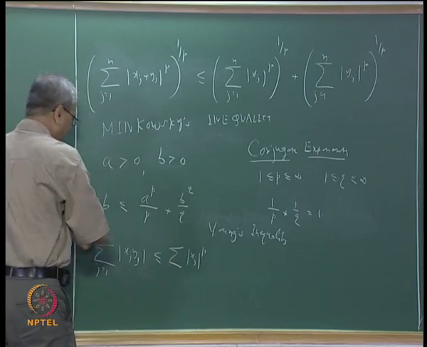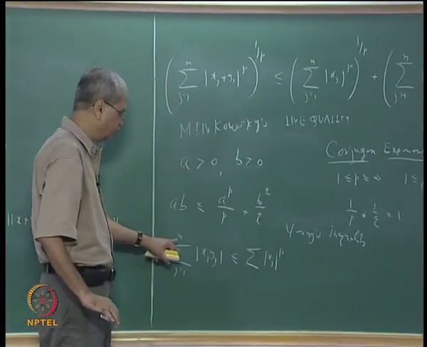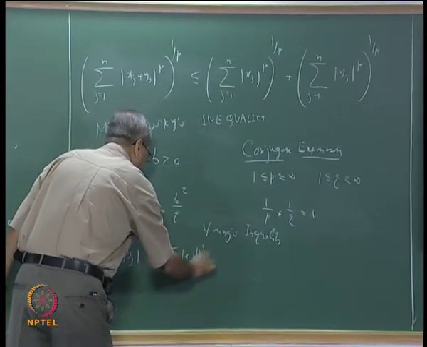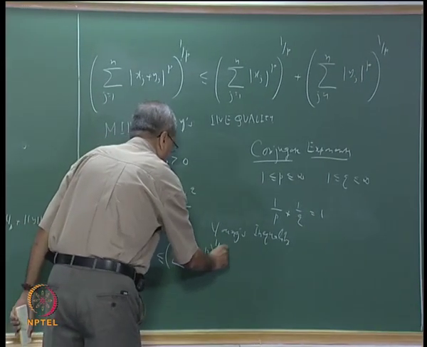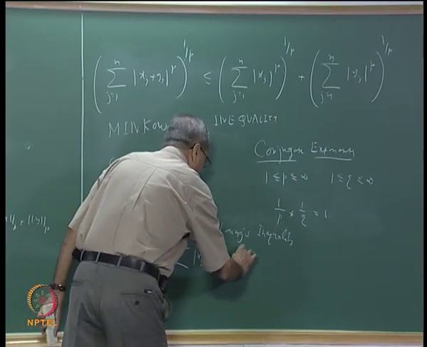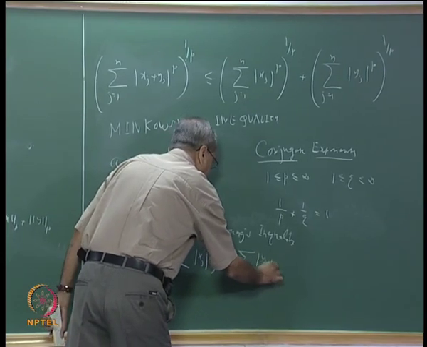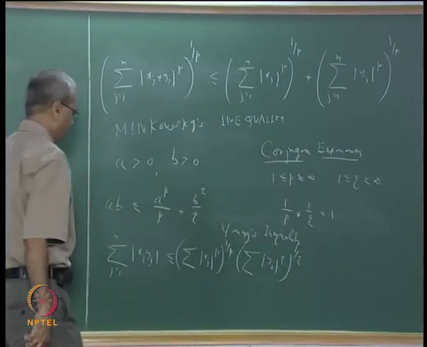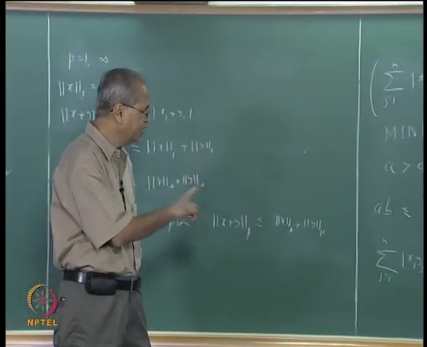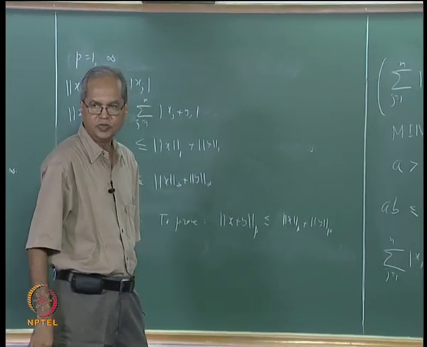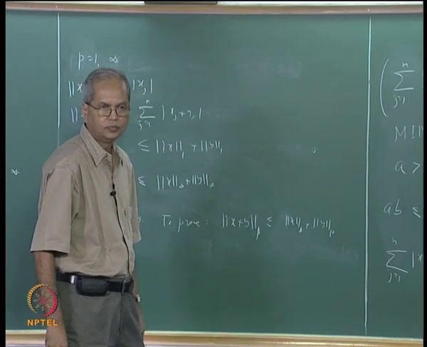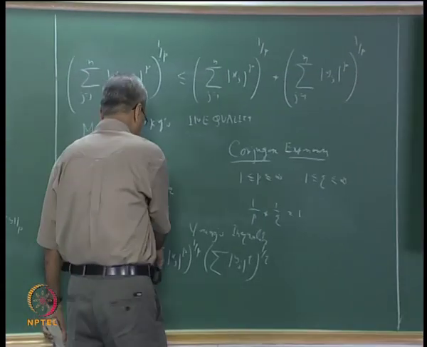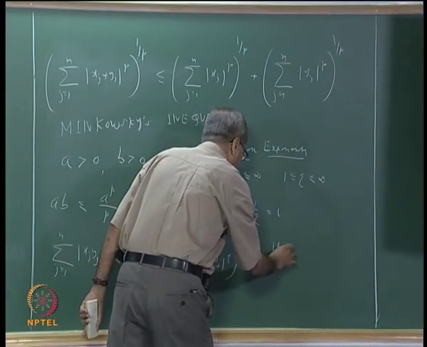I will forget about writing j going from 1 to n; whenever I write the summations here, j goes from 1 to n, that is the convention. Here p and q are conjugate exponents of each other. This last inequality is called Holder's inequality.